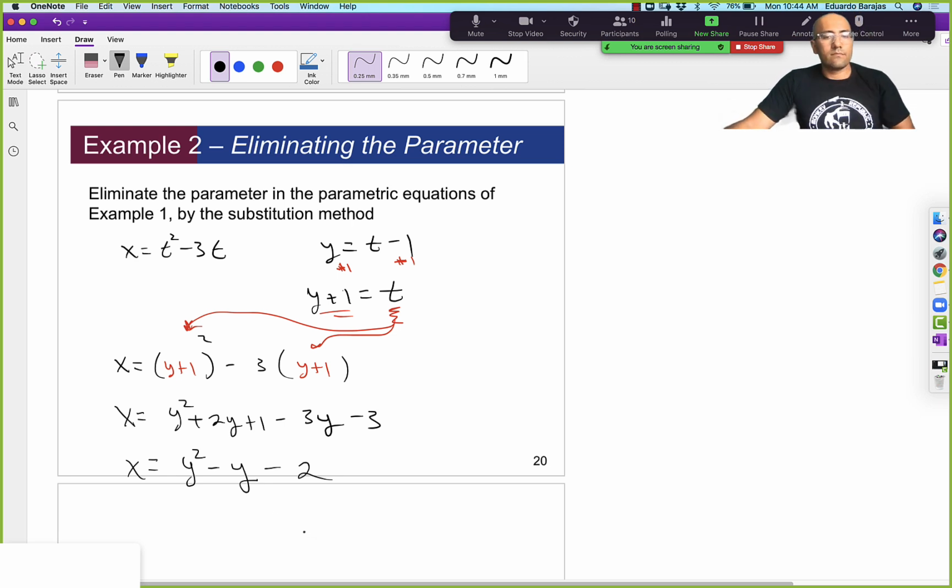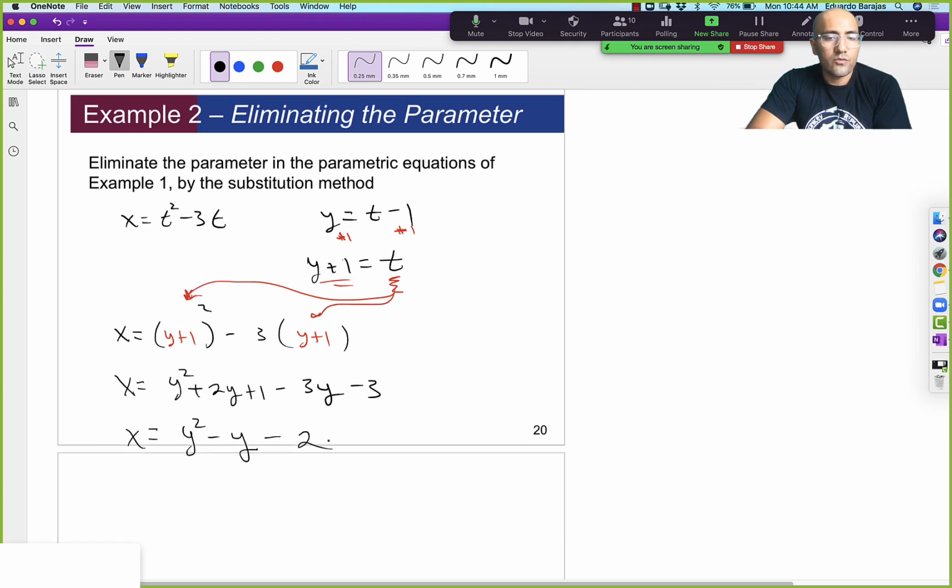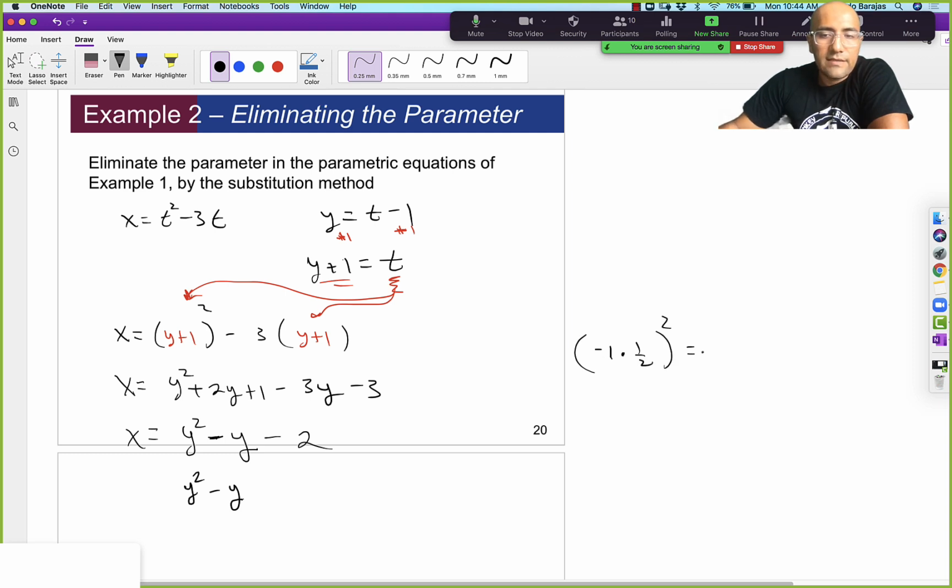Good. Questions? We could do more with this if we wanted to figure out all the information. For this one, we can complete the square. We write this as y squared minus y, and then half of this squared, right? So this number right here, minus 1, times 1/2 squared is the perfect thing to add and subtract. That's going to be minus 1/2 squared, which is equal to positive 1/4.